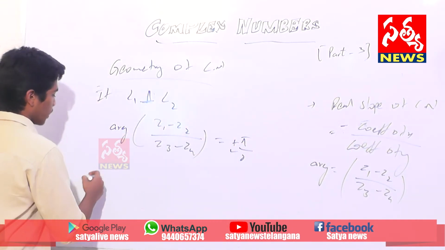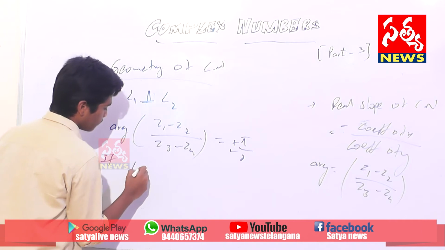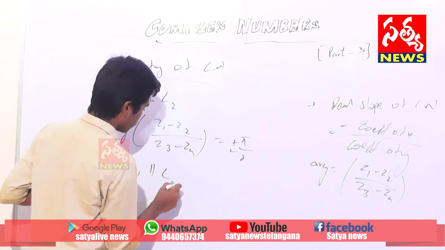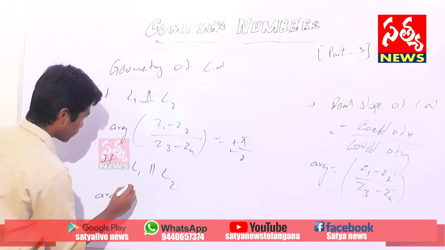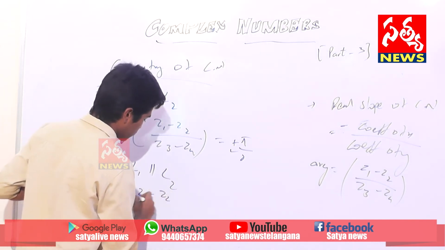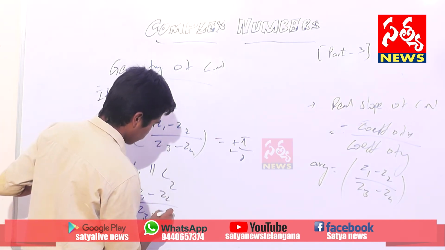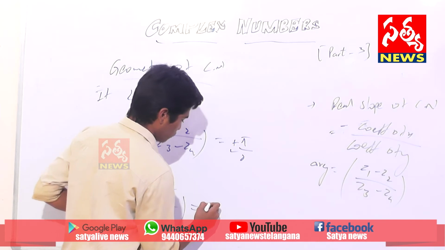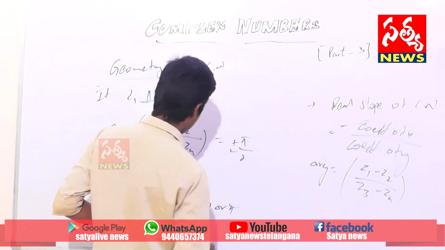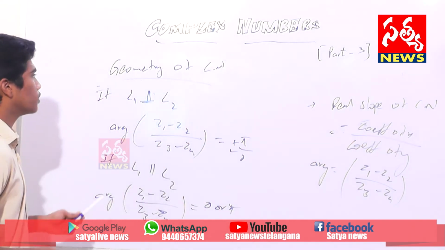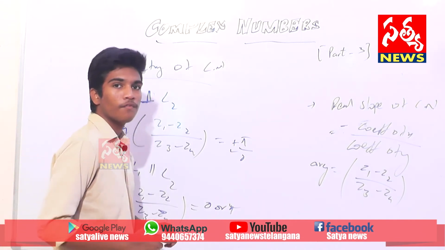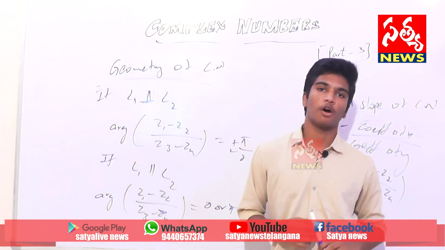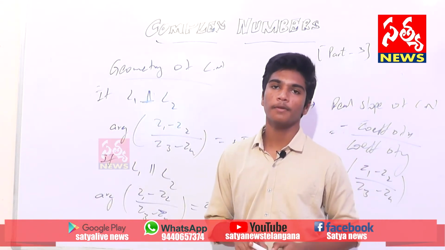And if L1 is parallel to L2, argument of (z1 minus z2) by (z3 minus z4) is equal to 0 or pi. These are some conditions for representation of a line in the complex plane.